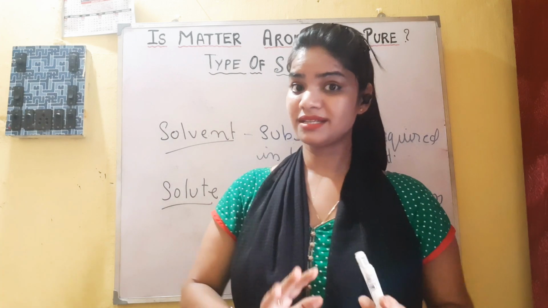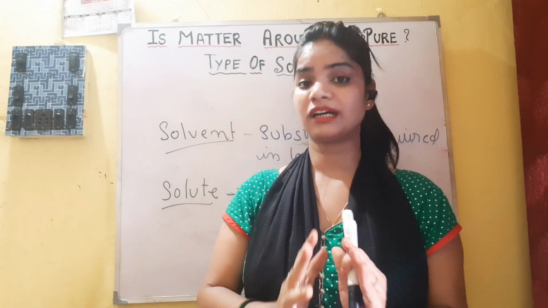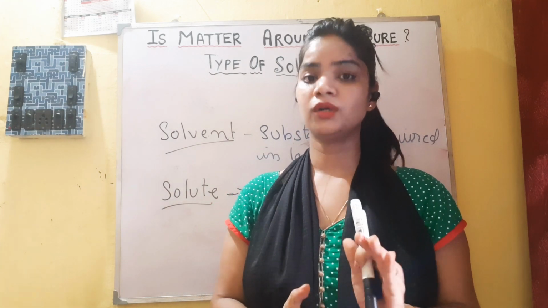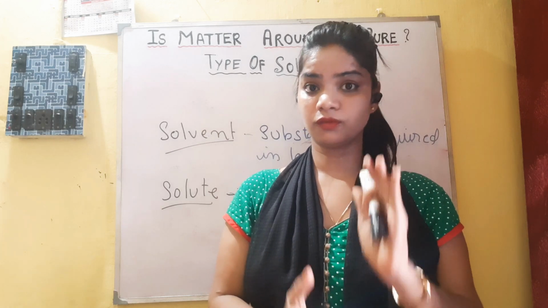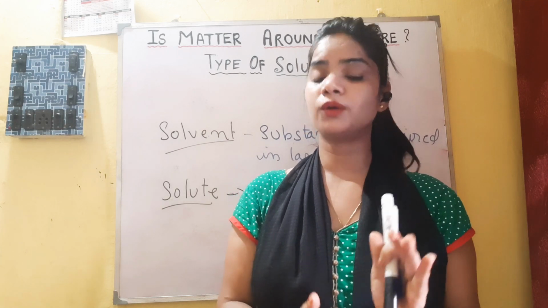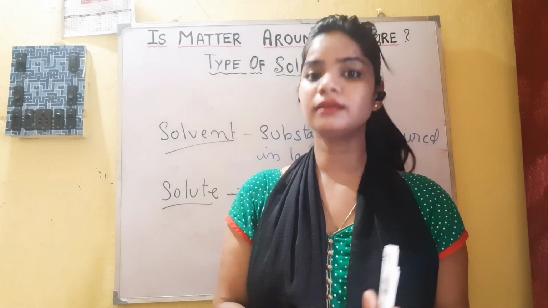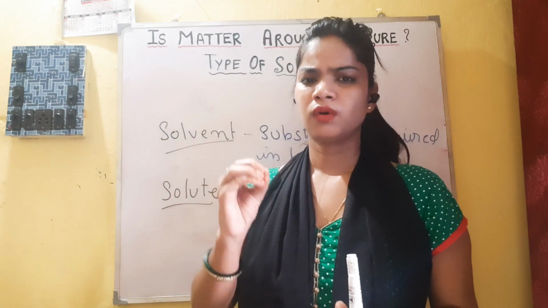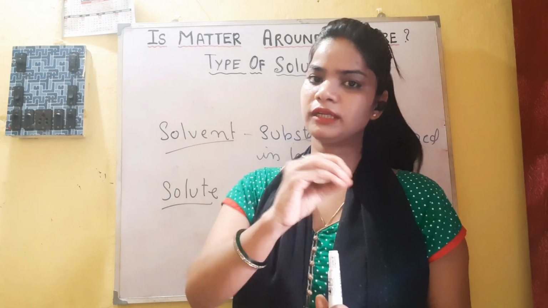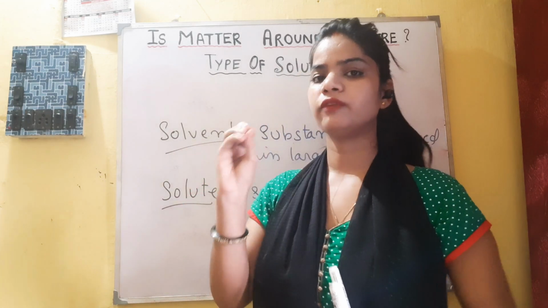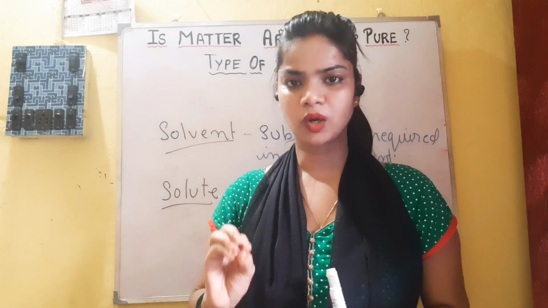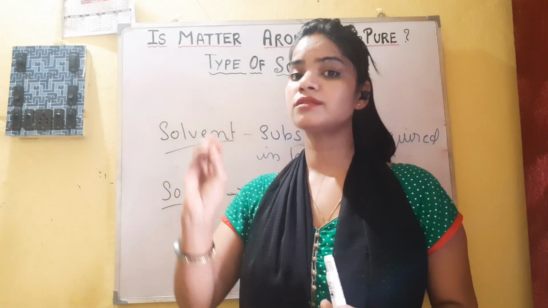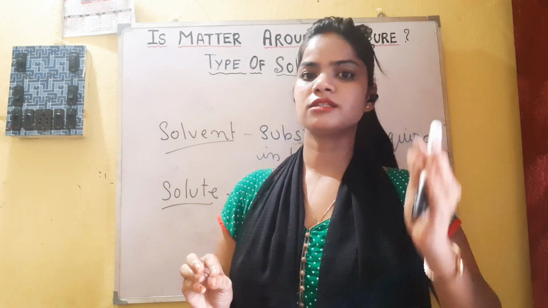In this case the water, which is in large amount, is called solvent, and the sugar, which we have taken in a small amount to put into the water, is called solute. So sugar is solute and water is solvent.